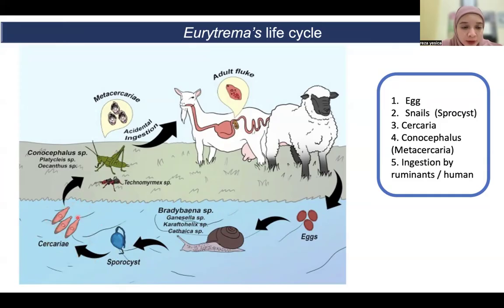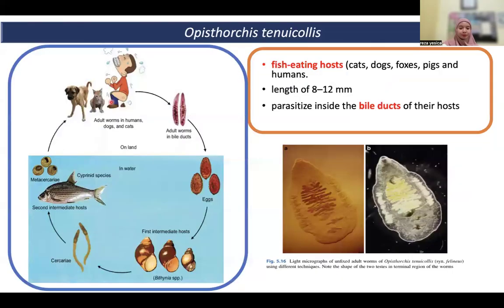And the cercaria will be eaten by this one, Conocephalus, or Technomyrmex. They are insects, and after that, they are ingested by ruminants. So in this insect, the metacercaria will grow and become the infective stage of Eurytrema pancreaticum.